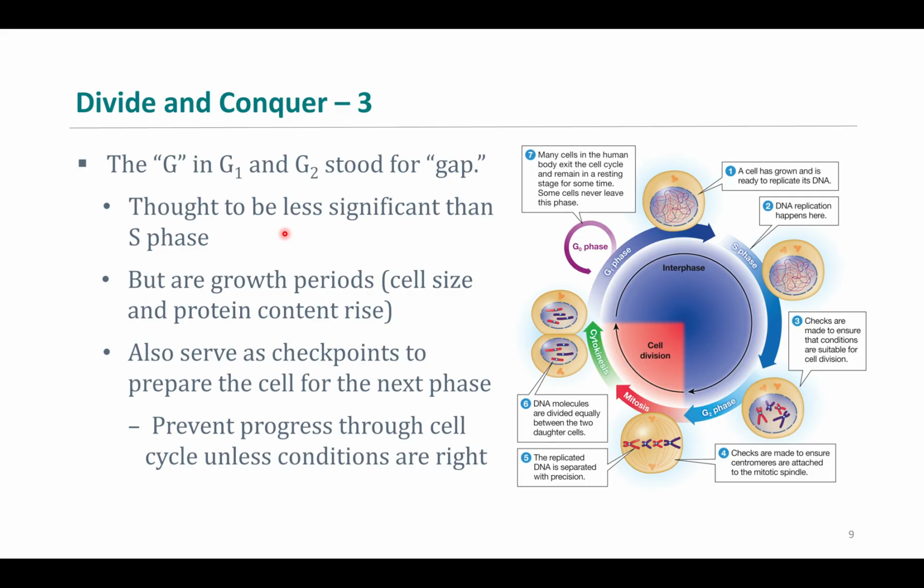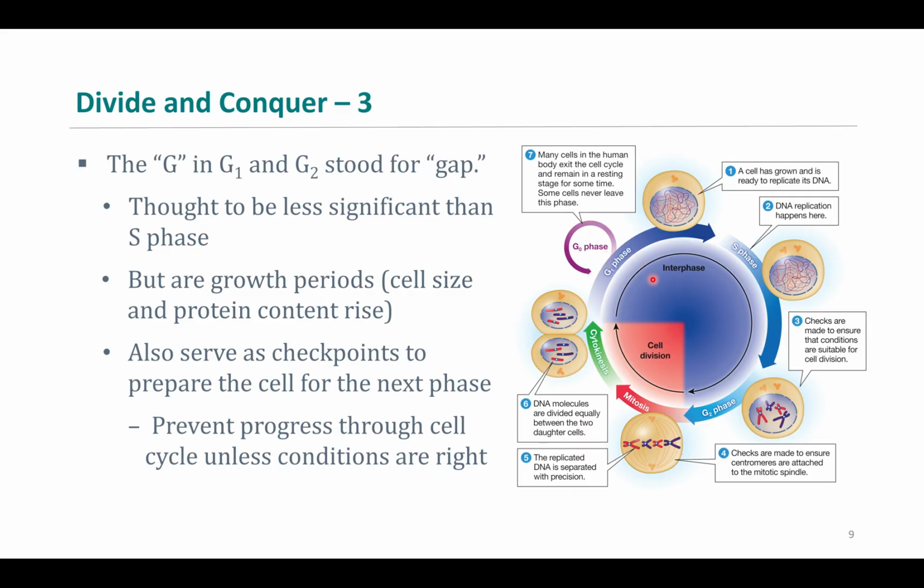As I mentioned, G1 and G2 stand for gap or growth stages, and S is for synthesis. In this cell cycle, there are different checkpoints. These checkpoints make sure that the steps that are supposed to happen in each stage have successfully happened during each phase.